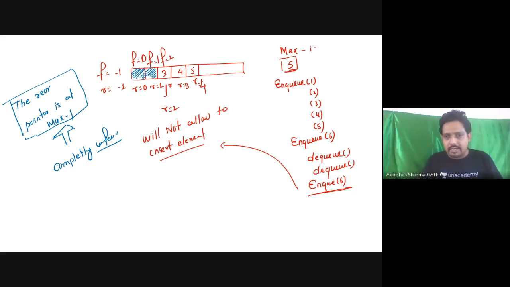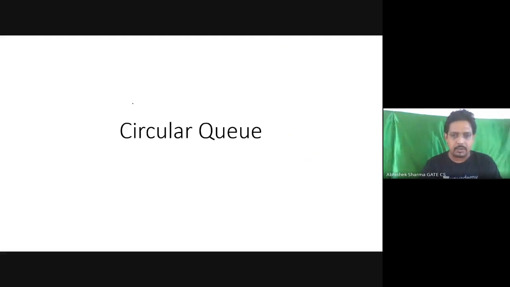We should not disallow insertion only because the rear pointer is not pointing there. So we need some modification in this, and that's why the concept of circular queue comes here. The next topic is circular queue.